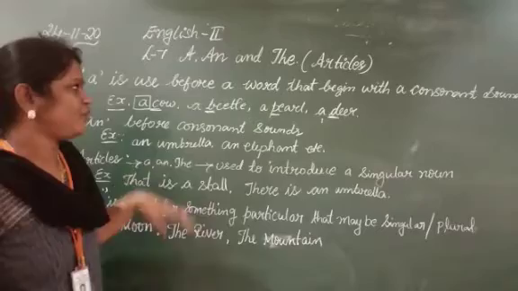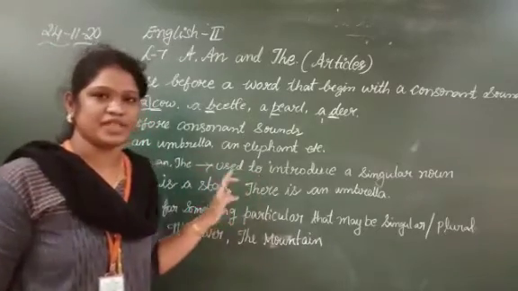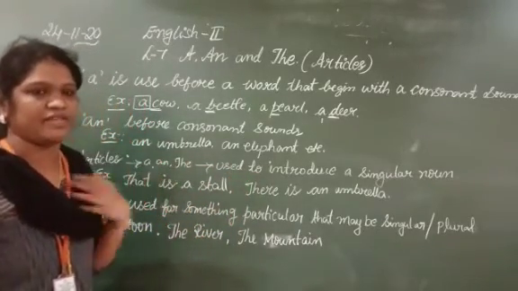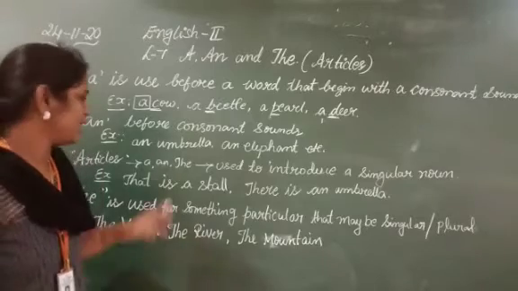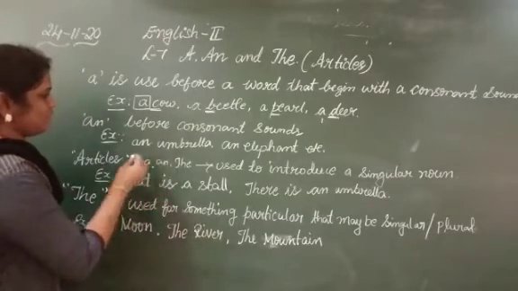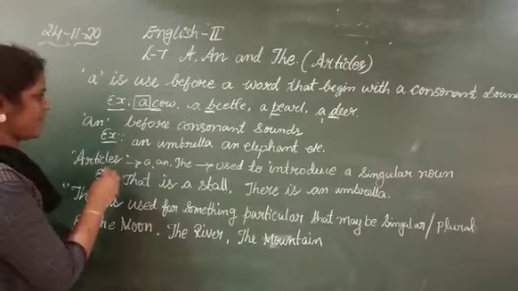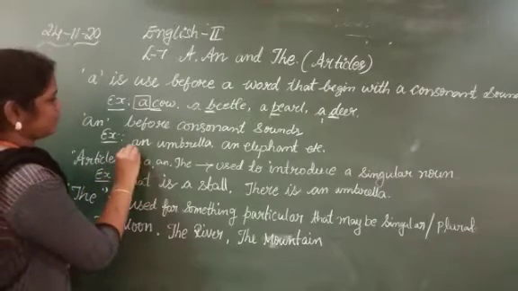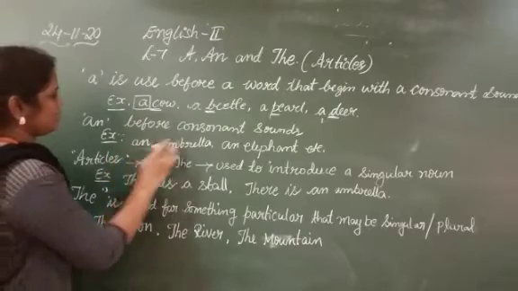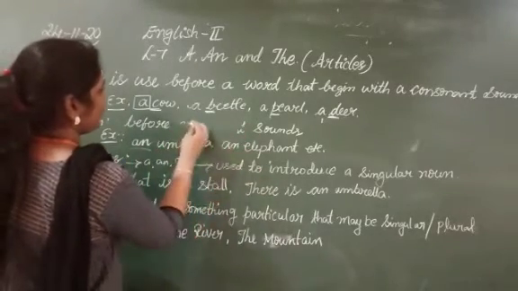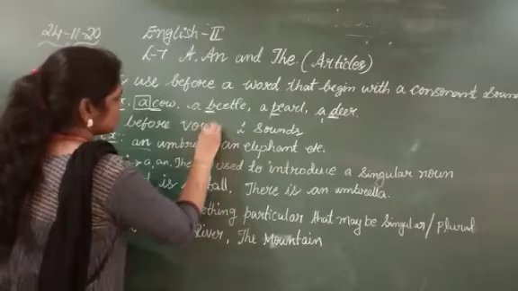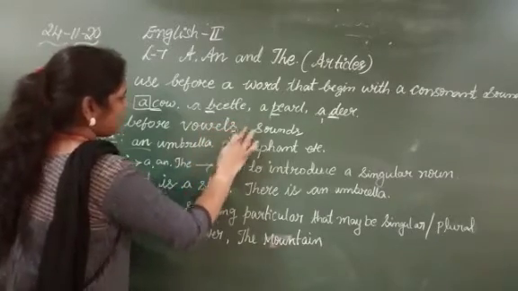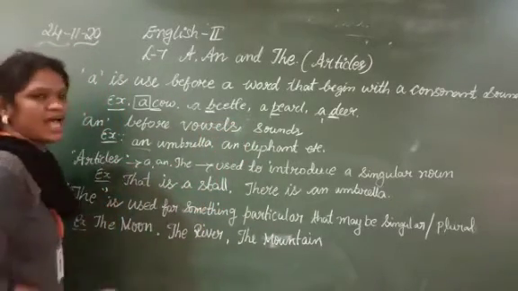An is used before a word that begins with a vowel sound. Okay, before a vowel sound we are using an. Okay children, before vowel sounds we are going to use an.